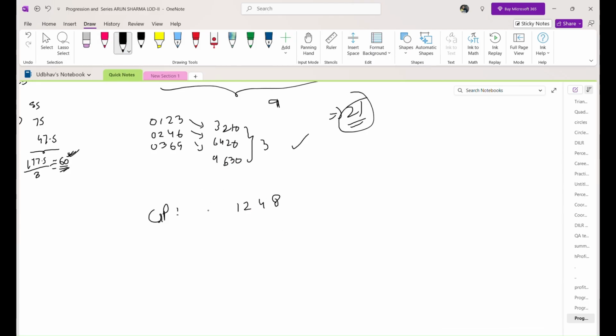Here R equals 2 and A equals 1, then A equals 2: 2, 4, 8, 16 won't be the case.